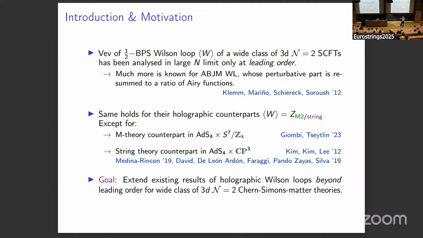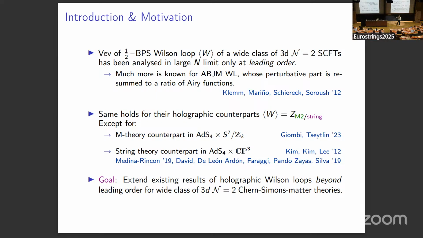So if you look at the relation that we get from holography for this observable, we know that the holographic Wilson loop on the field theory side in the large N limit should map to the partition function of a fundamental string, if you're looking at the string theory background, or a probe M2 brane, depending if you're looking at the M theory background, right? But indeed, in the large N limit, these two things have been matched, but only at leading order. And this is true for a wide class of 3D N=2 Chern-Simons matter theories.